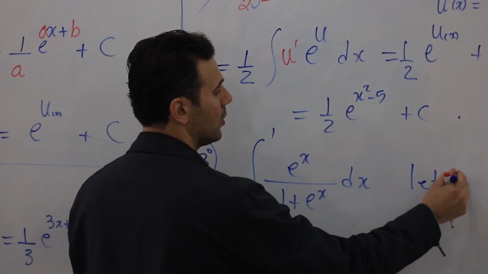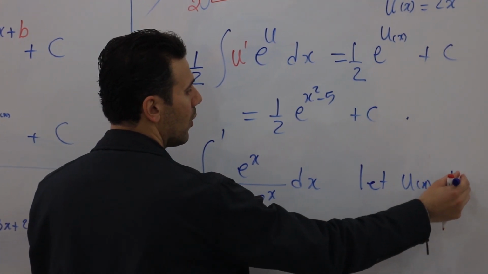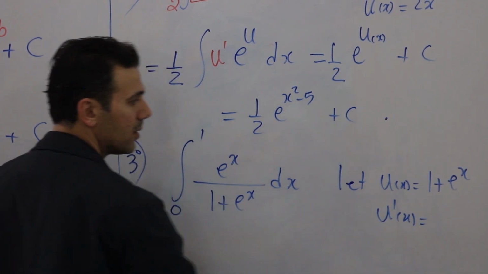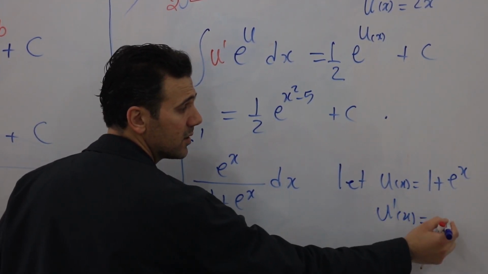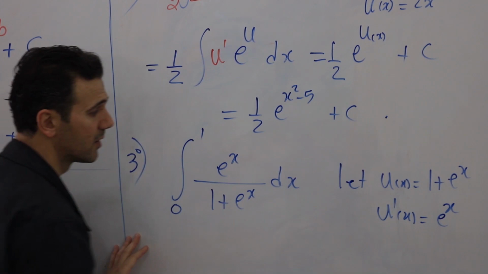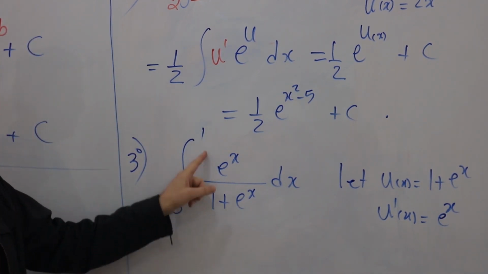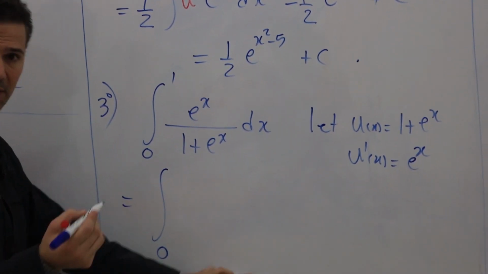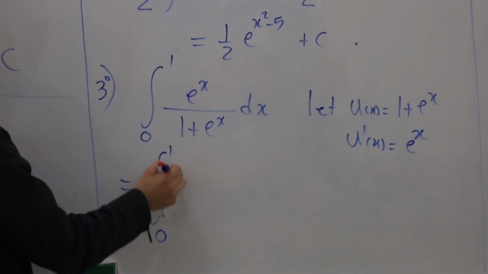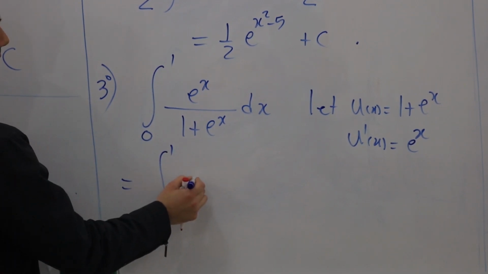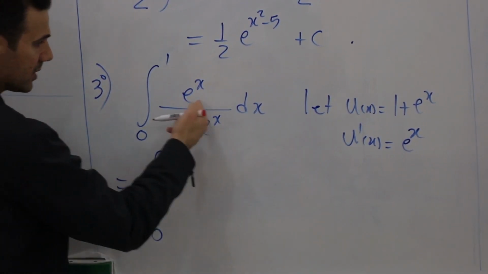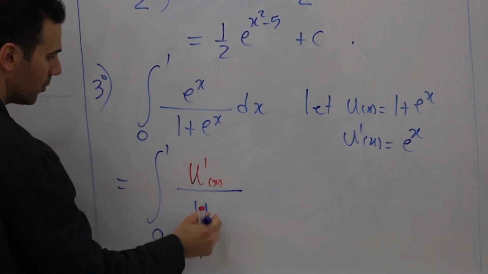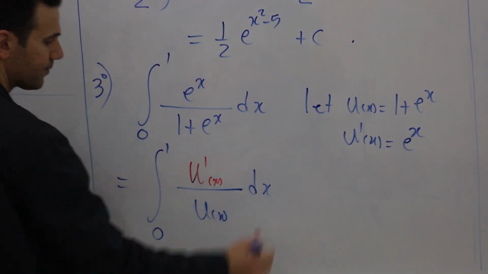So we let u of x here to be 1 plus e^x, and u prime will be the derivative of this: 0, and the derivative of e^x is e^x itself. So we can easily notice that this integral has a simpler form, which is the integration from 0 to 1 of u prime over u of x dx.